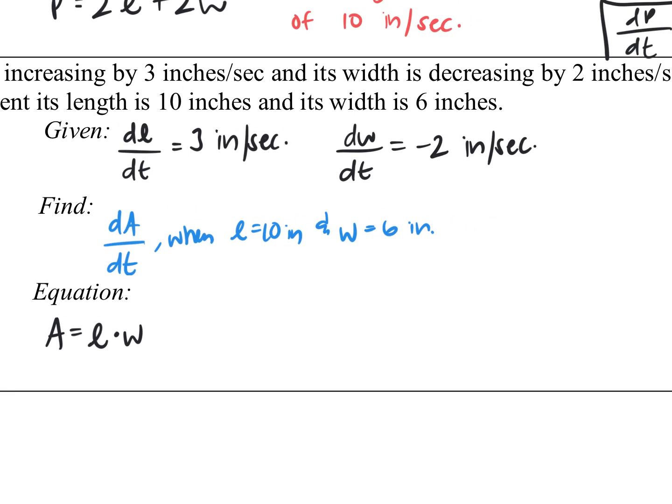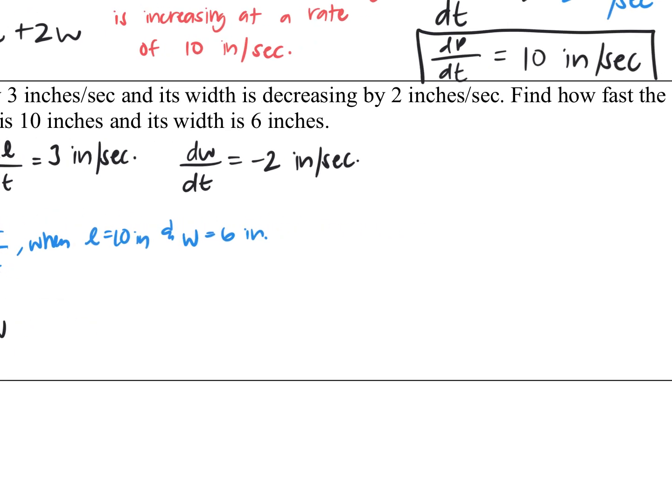And before I can actually plug anything in, we have to take the derivative, okay? So I'm taking the derivative of A equals L times W, which means I'm going to have to use the product rule. So derivative of A, that's just dA/dt. Depending on how you do your product rule, your answer might look a little different than what I'm going to write down, but you should have the same thing split up with addition symbols.